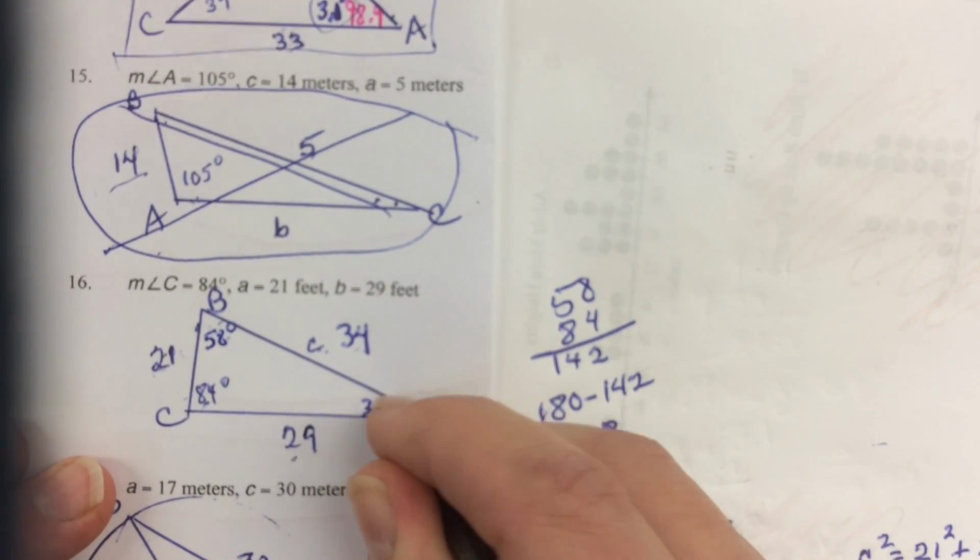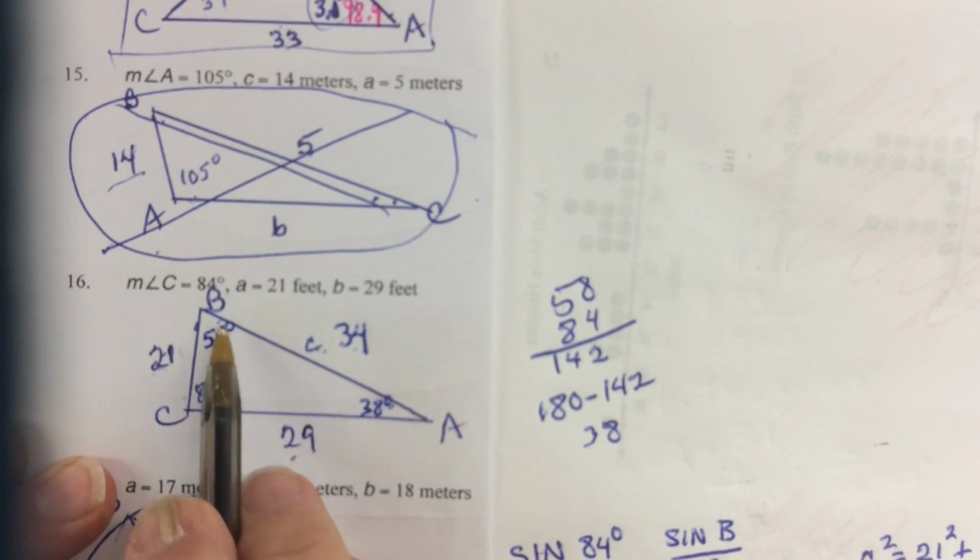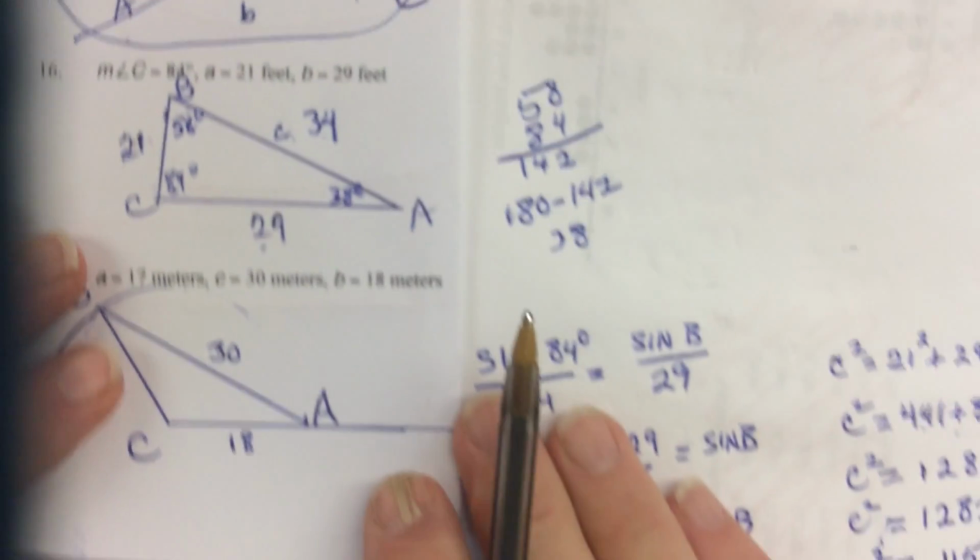So this would have to be 38 degrees. And again, this side would be smaller because this is the smallest angle. So it would be small, medium, large, small, medium, large. And that actually works out.